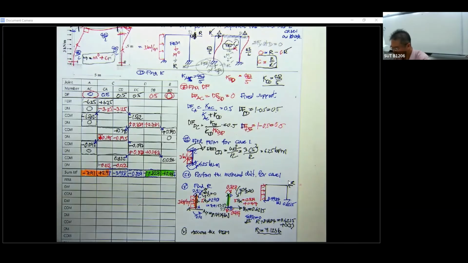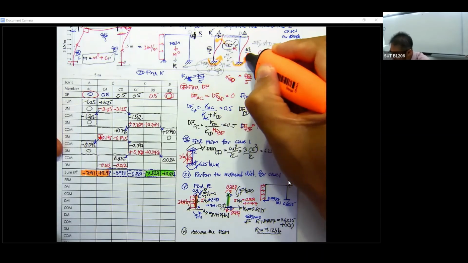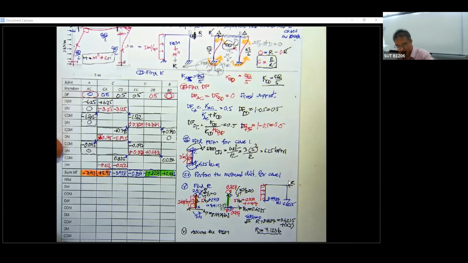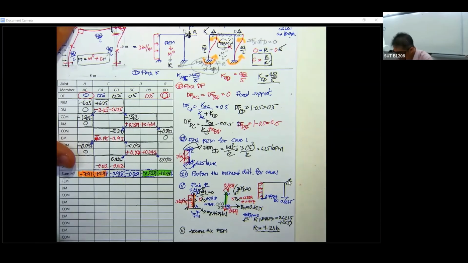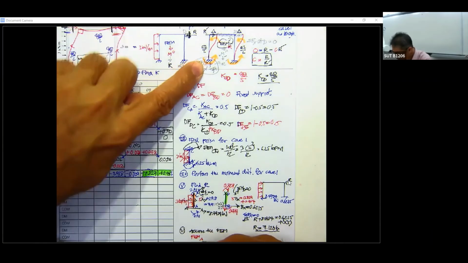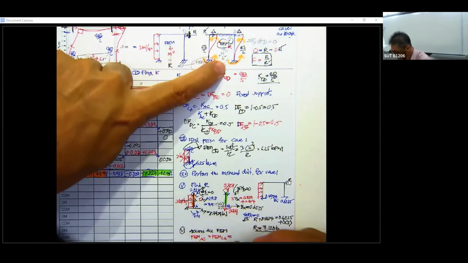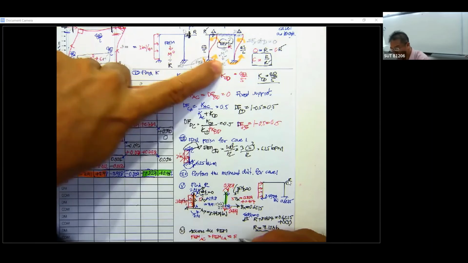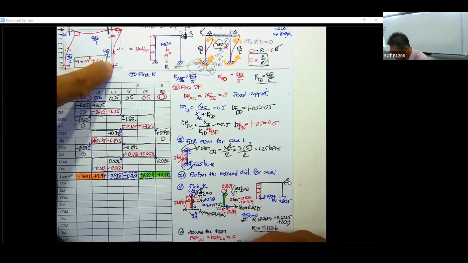By doing this, the fixed end moments that occur on the columns must all be equal. You may say the fixed end moment AC equals fixed end moment CA, equals fixed end moment BD, equals fixed end moment DB.